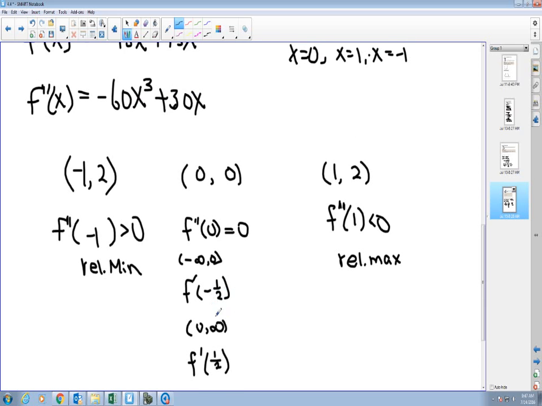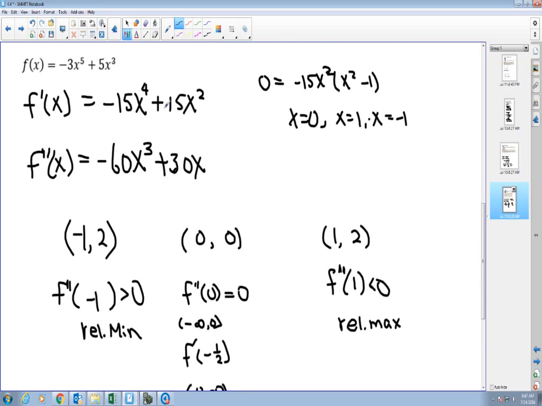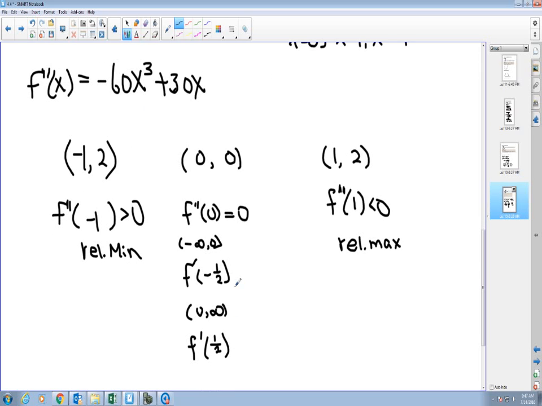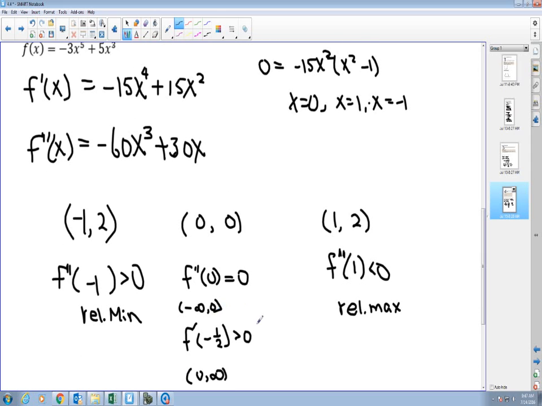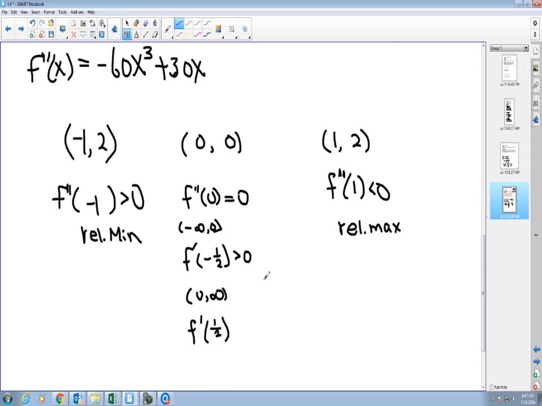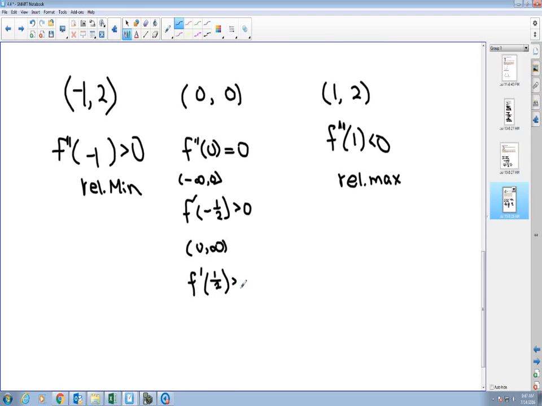If I take negative half and plug it into my f prime, my y value will be positive. If I take half and plug it into my f prime, my y value will still be positive.